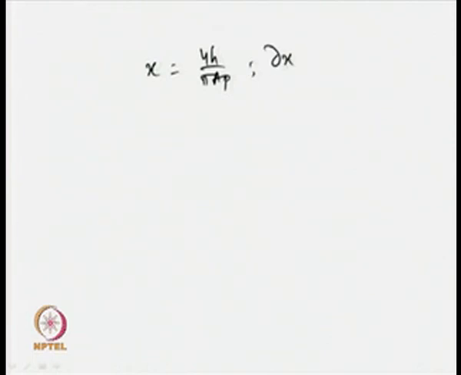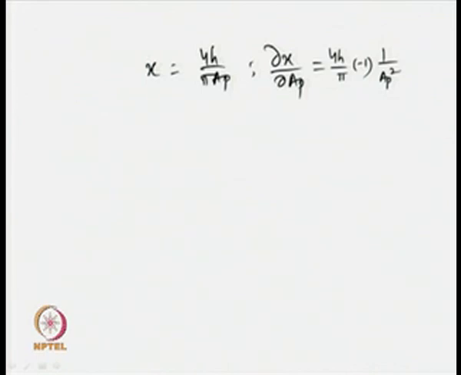So, del x upon del a p will be simply 4 k h by pi times minus 1 upon a p square. Okay.